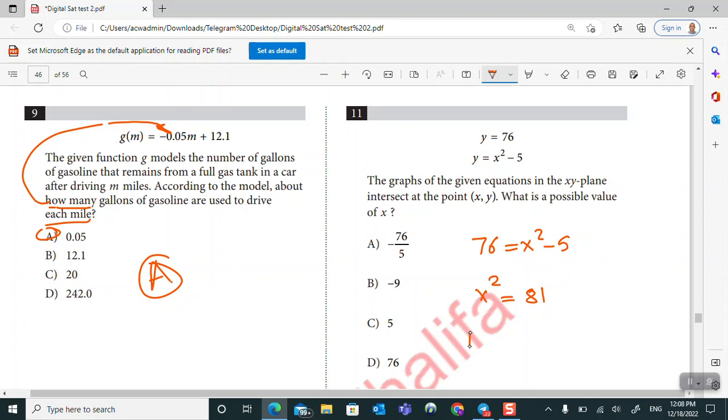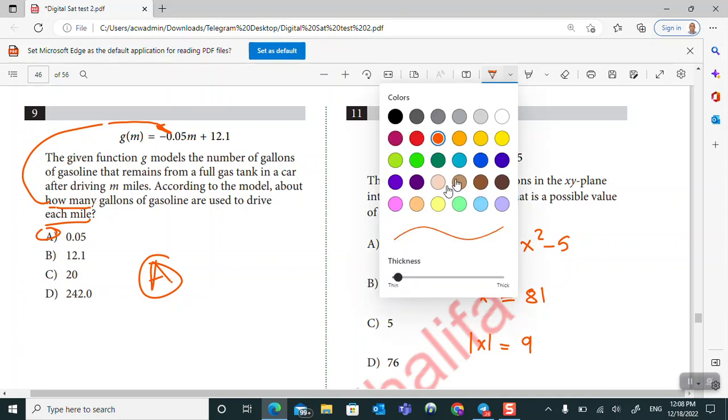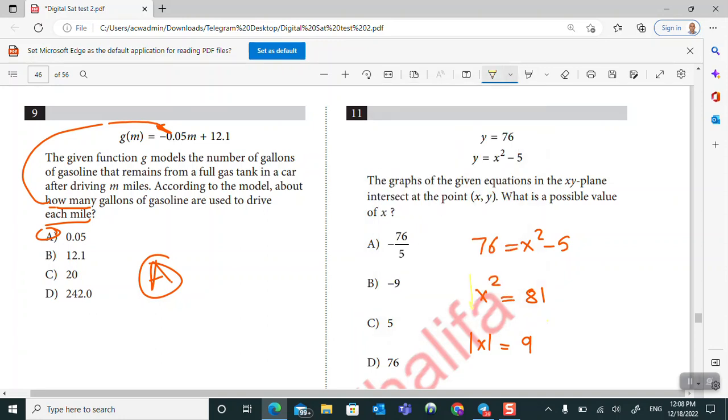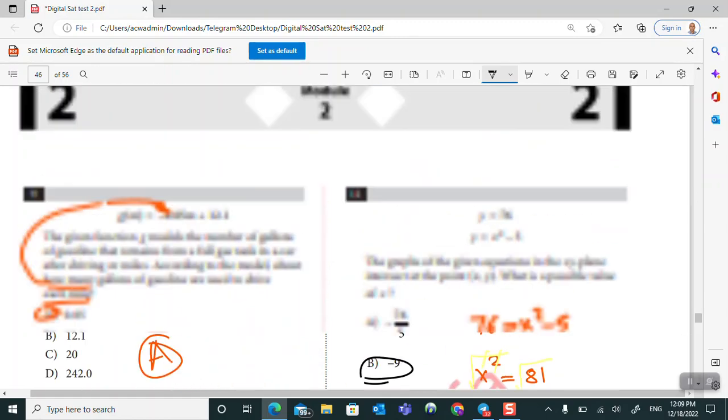So the absolute value of x is equal to 9, so x is equal to positive or negative 9. So the possible values of x are negative 9 or 9. We have only negative 9, so that's the only correct choice. Okay, let's move on.